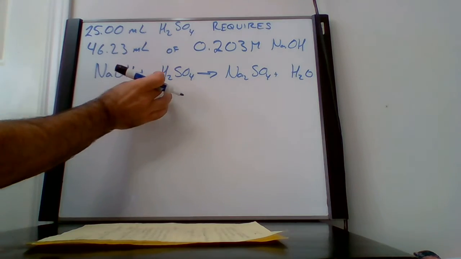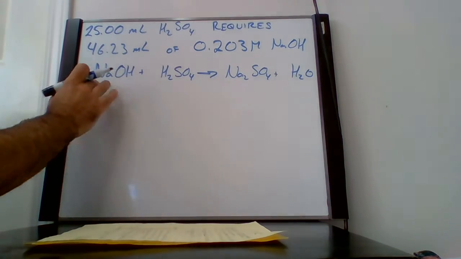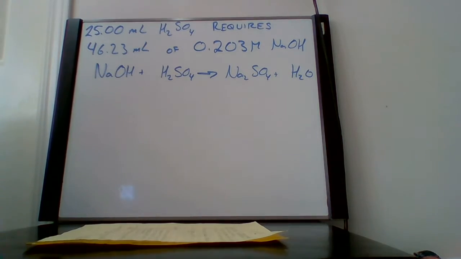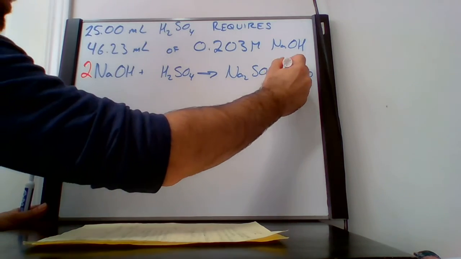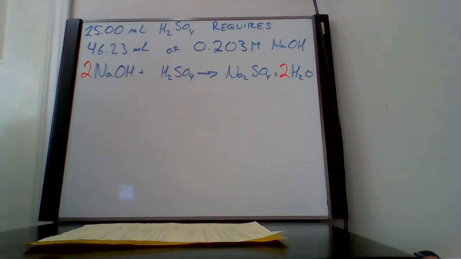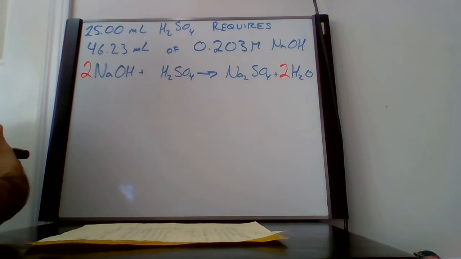So it's the hydroxide and the hydrogen that is going to form the water. We have the sodium and the sulfate forming sodium sulfate. We just have to balance this out, and that would leave us with 2 and 2. So this one we do have a molar ratio that we've got to be careful with, and we'll see that in the steps.